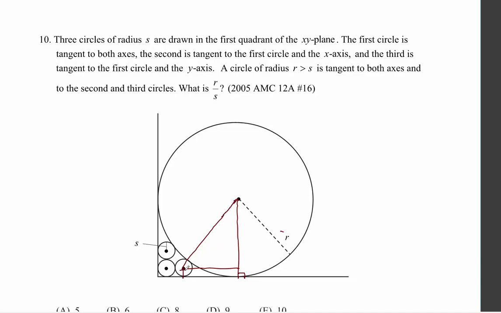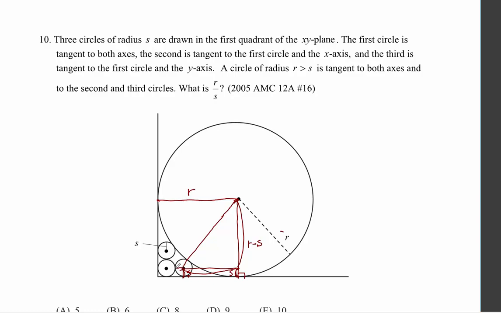We know that this length is S. From here to here, the total is R. When we take off S, this length will be R minus S. What is the length of this one? Nick, can you find it? From here to here is still R, the radius.